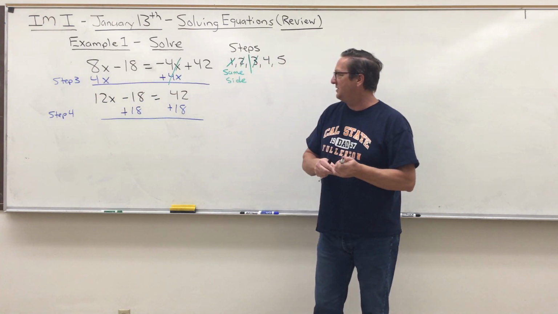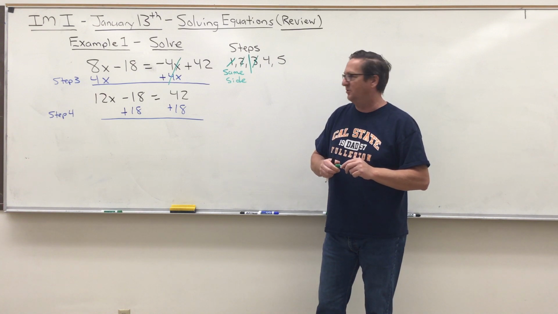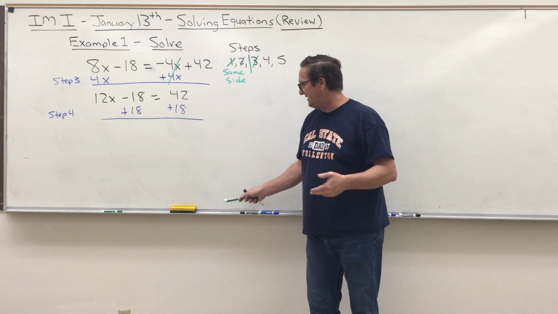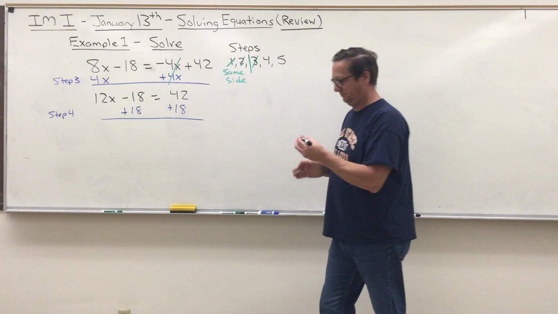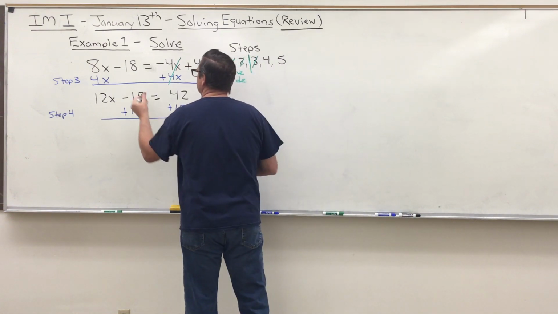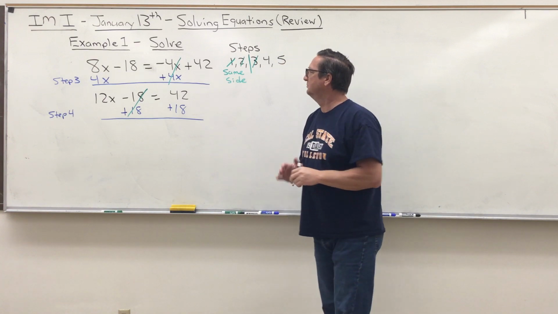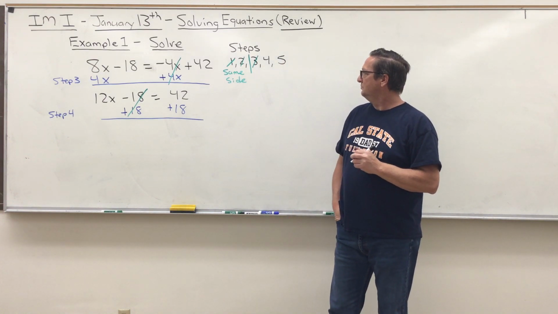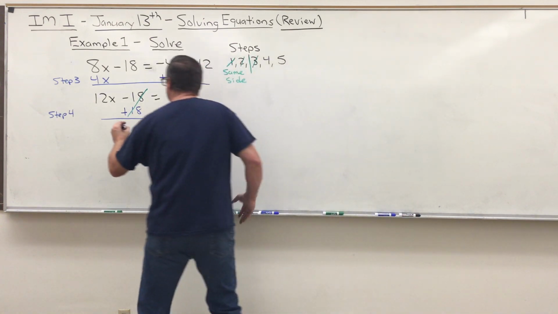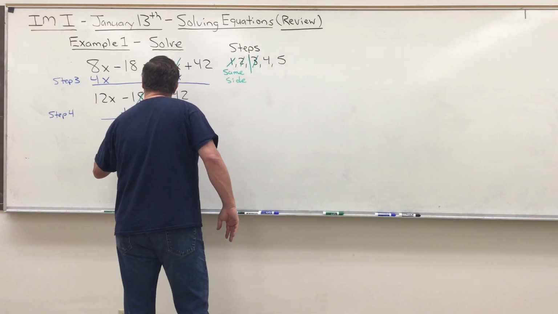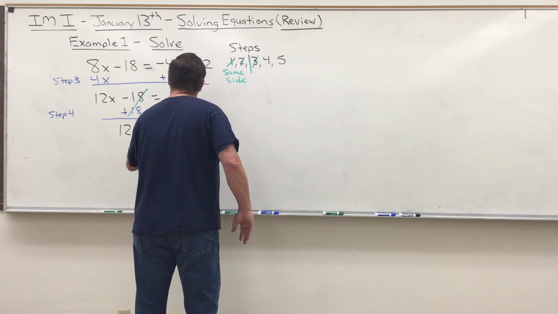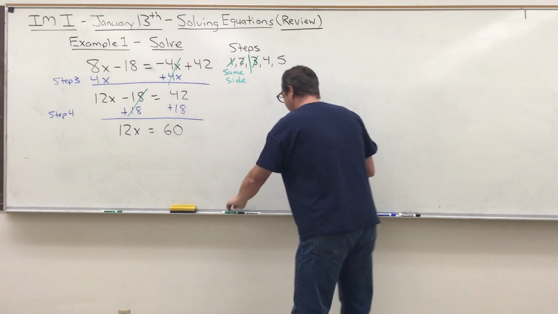So step 4 is always adding the number terms if you're following the 5 steps. And so we get 12x equals 60.